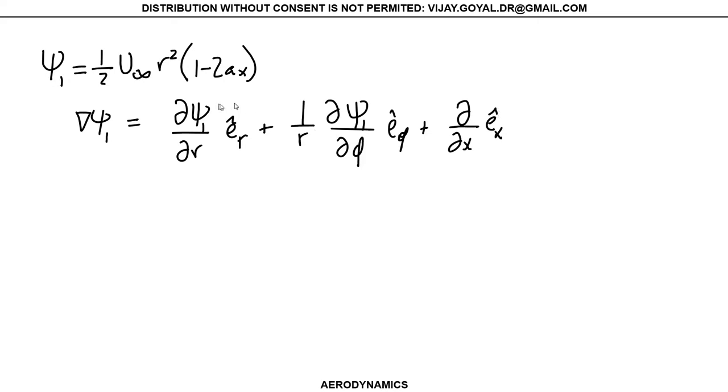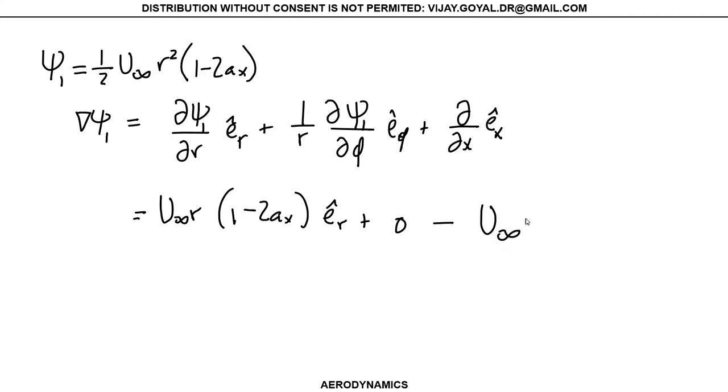If you do the derivative with respect to r, you can show that you get u infinite r (1 minus 2ax) er, plus 0, there's no phi there, plus, and this gives you minus u infinite r squared a i. That's the x direction, so it's in the i direction. Remember, ex is equal to i. So this is the gradient of streamline function number 1.